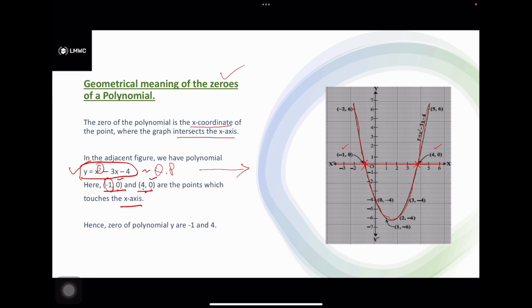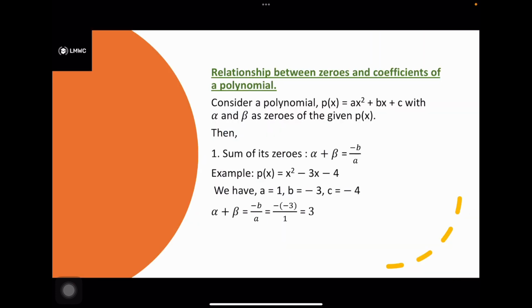So for x equals -1 and 4, our y becomes 0. Hence the geometrical meaning of the zero of a polynomial is that whenever you are given a polynomial, you plot it on the graph and take out the point where it touches the x-axis.